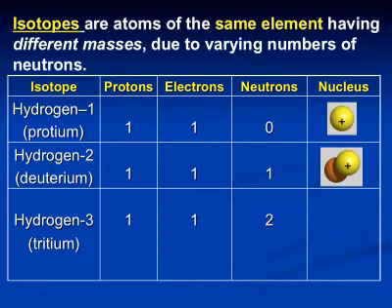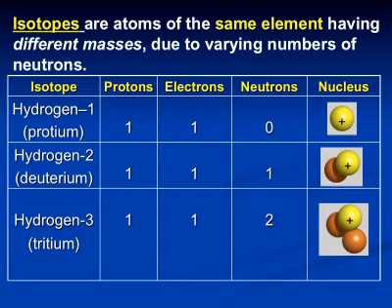We have 1 proton and 1 neutron. And then hydrogen 3, there's 3 of them, so we have 1 proton and 2 neutrons. So everything is staying the same except for the number of neutrons. As our neutrons increase, so do our mass, and so does our nucleus. More things shoved into the nucleus makes it more unstable.